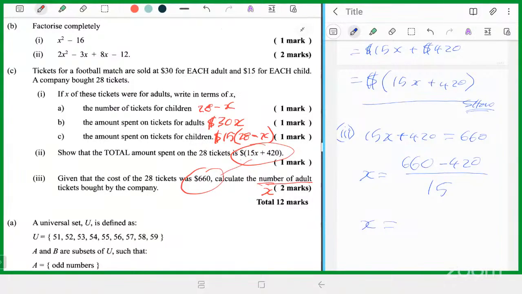Are you okay with that calculation? I'm getting 16. 16 adult tickets. Question done.